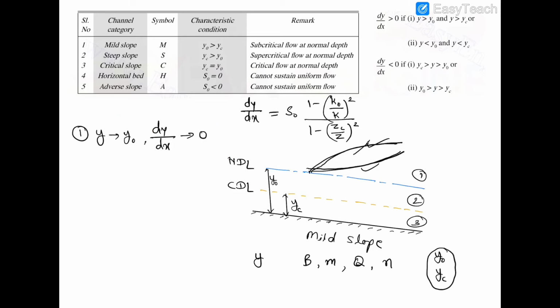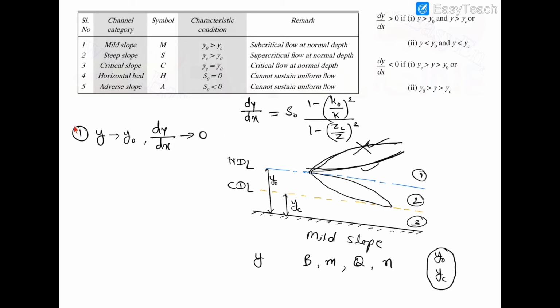This will be wrong. In a similar way, if we draw the profile in the second zone, we know in zone number 2 the profile will always have decreasing water depth. So tell me, will this one be correct or this one?